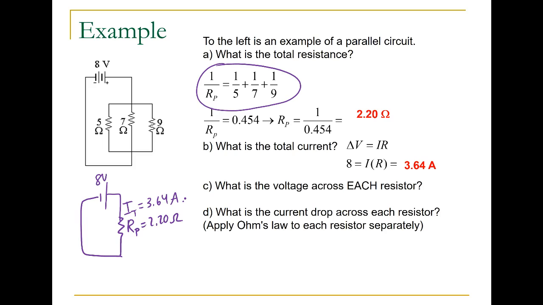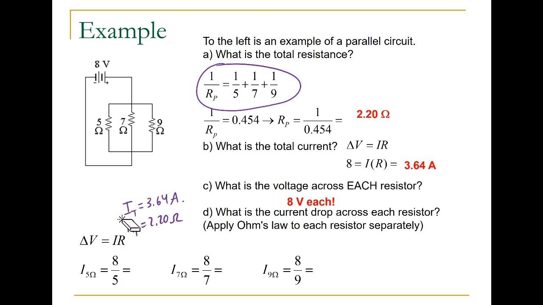So what's the voltage across each resistor? Well, now the voltage is a constant, it's 8, and it's always equal to I times R. I'm sorry, it's probably more accurate to say what is the current through each resistor.